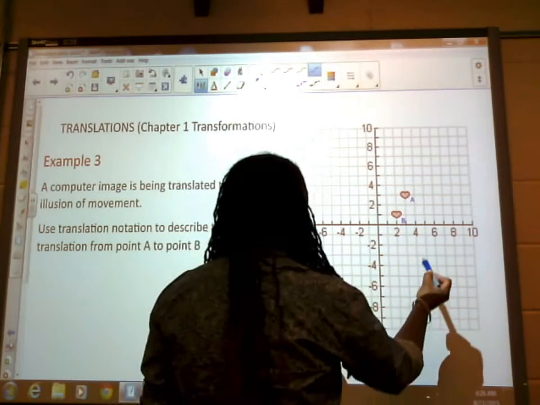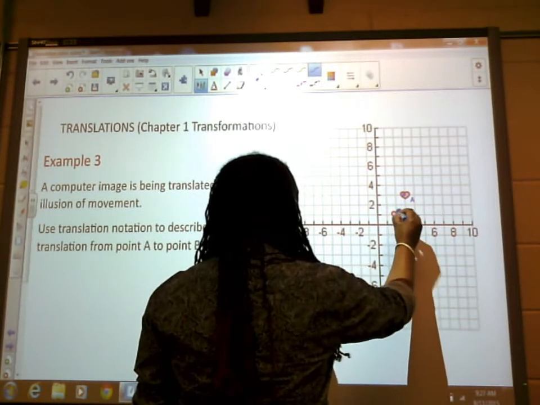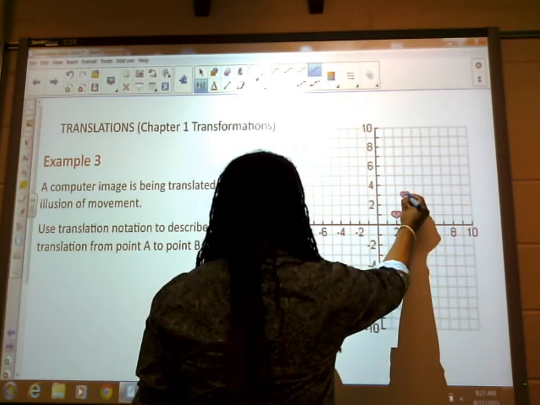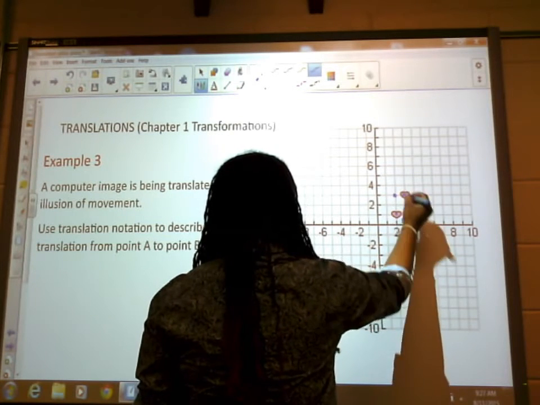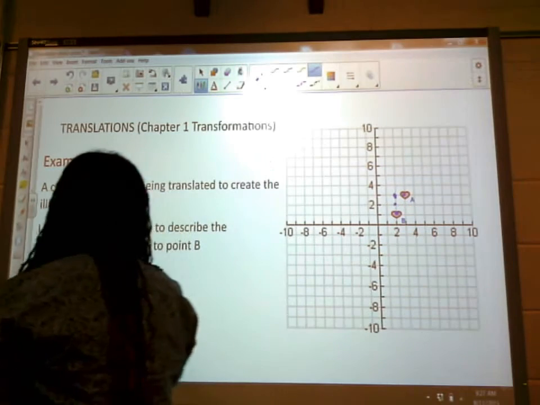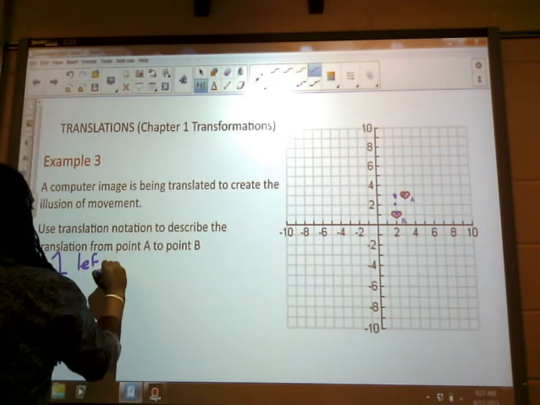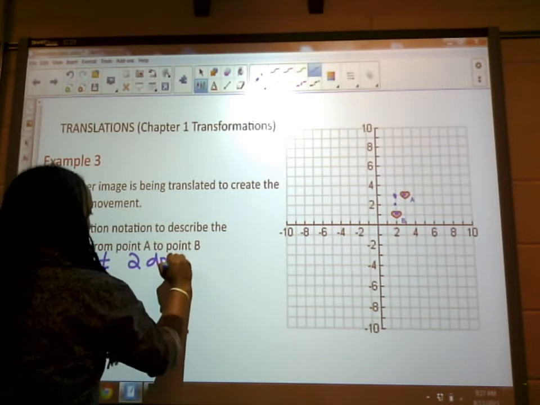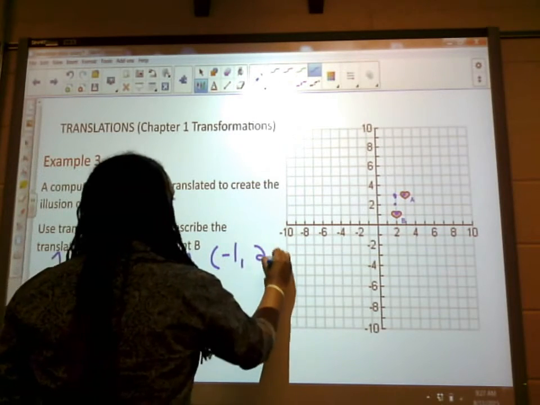You need to figure out how they went from point A to point B. So what did they do? They went 1 unit to the left and 2 units down. So 1 left and 2 down. So that will give me an ordered pair of -1, +2.